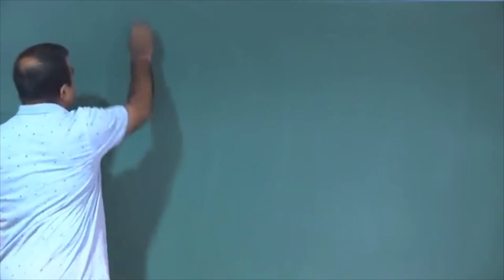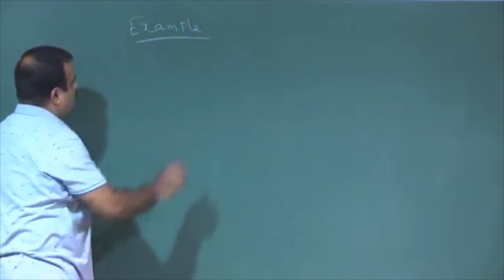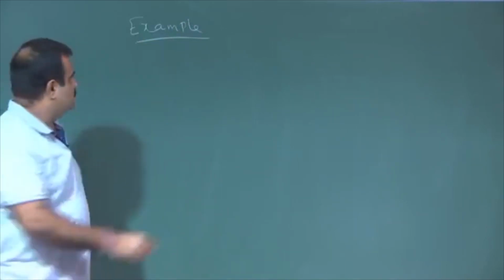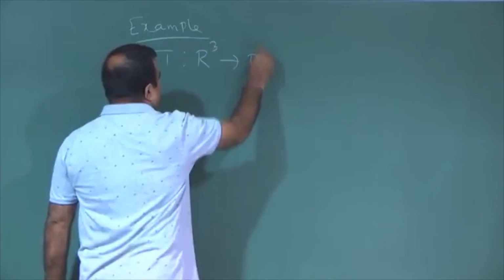So, let us take some examples of linear transformations. Suppose we consider the vector space R3. We define a mapping from R3 to R3 like this.